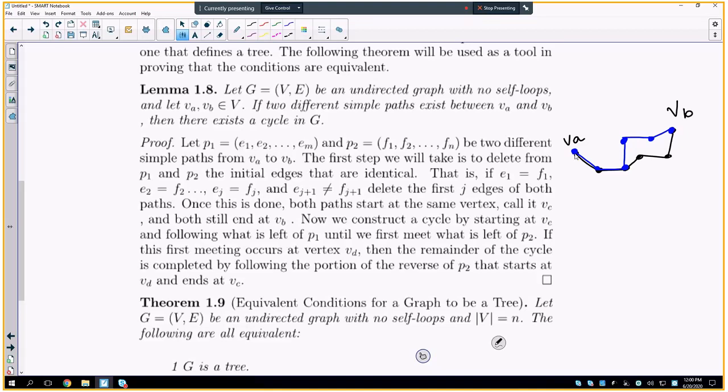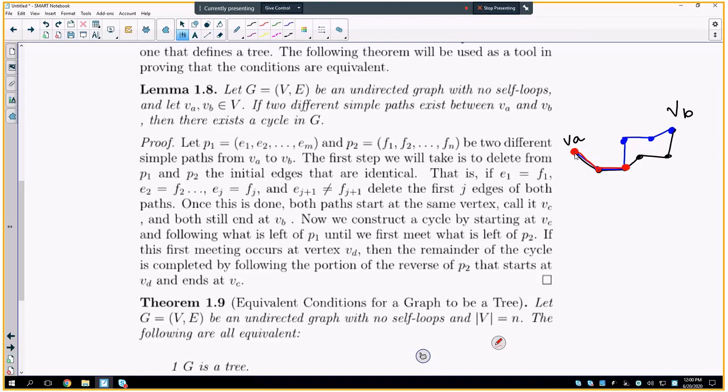So what I'm going to say now, you are going to traverse through the path till the point where you get the first time two different edges. For example, I will start traveling from VA to VB, and I will stop for the first time where I see two different edges.